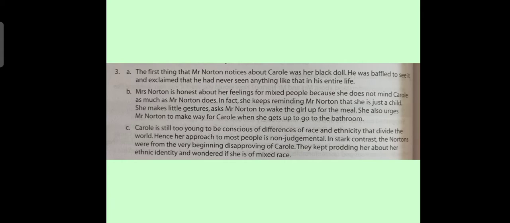In fact, she keeps reminding Mr. Norton that she is just a child. She makes little gestures, asks Mr. Norton to wake the girl up for the meal. She also urges Mr. Norton to make way for Carol when she gets up to go to the bathroom.